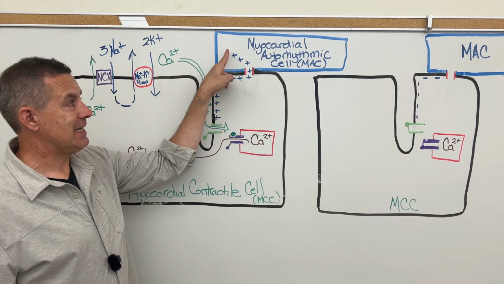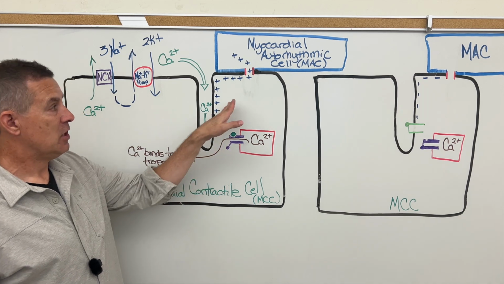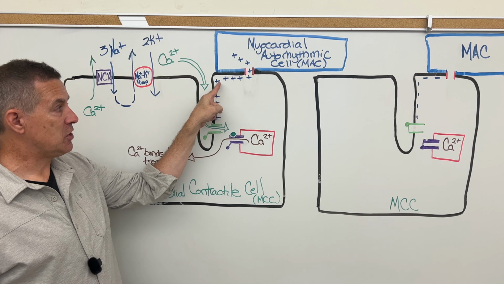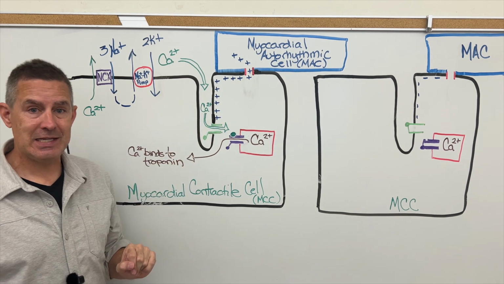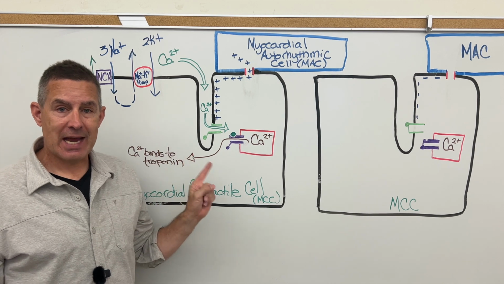So when the MACs depolarize, that depolarization event is going to be distributed to the MCCs, the contractile cells. That depolarization event is going to proceed down the T-tubule and open up this voltage-gated calcium channel.